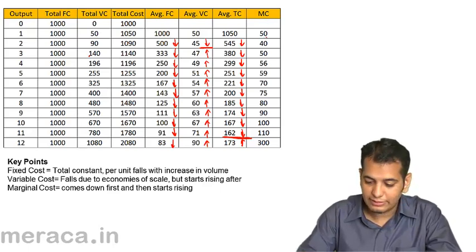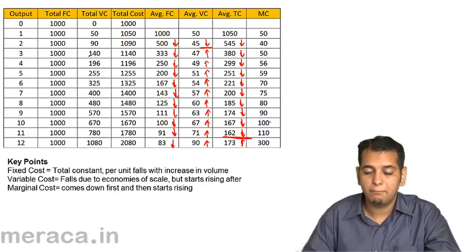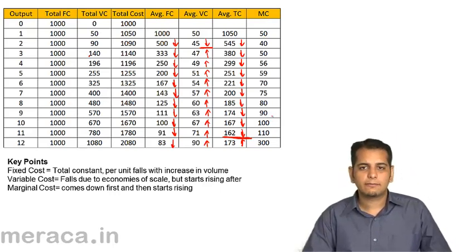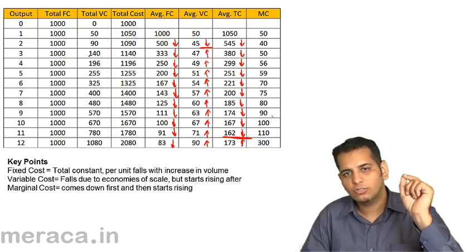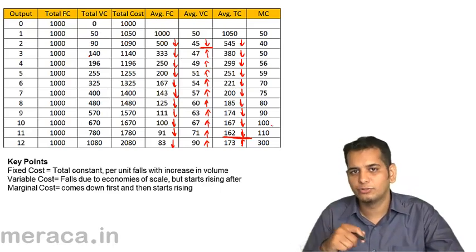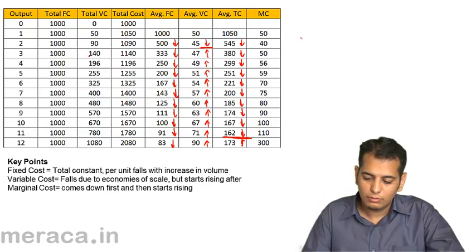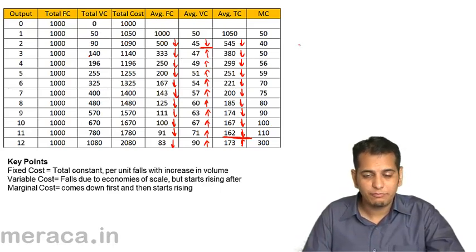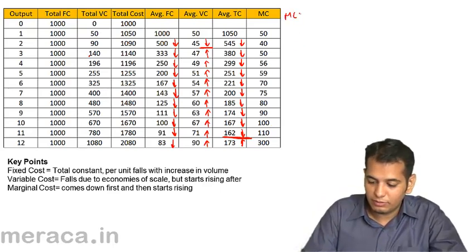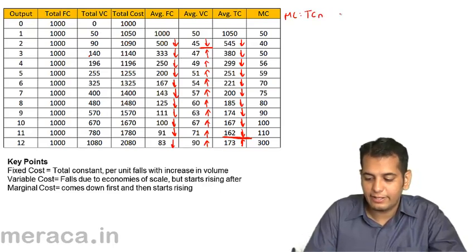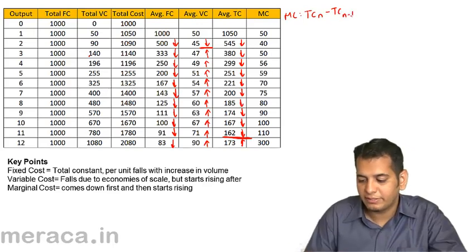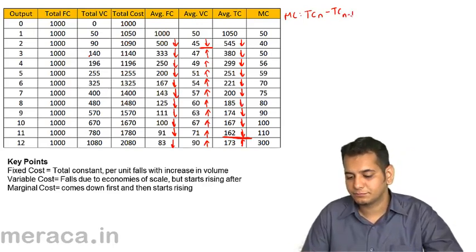Let's see what is the case with marginal cost. What is marginal cost? Marginal cost is the cost of producing one extra unit, one additional unit. Marginal cost can be found out by the formula total cost at n units minus total cost at n minus 1 units.